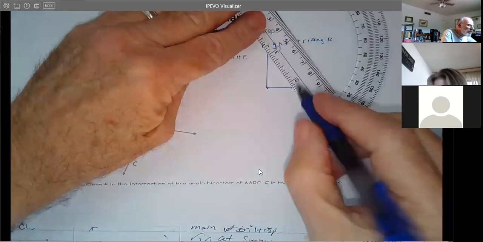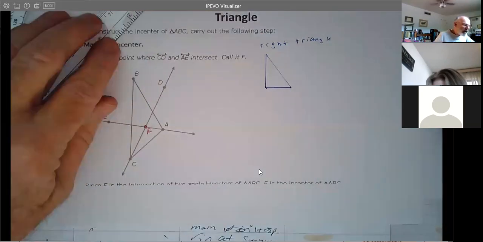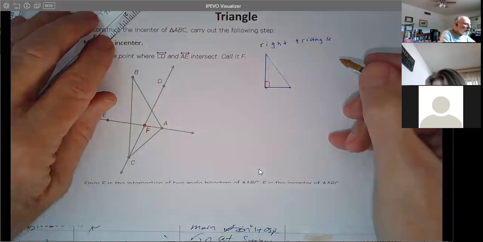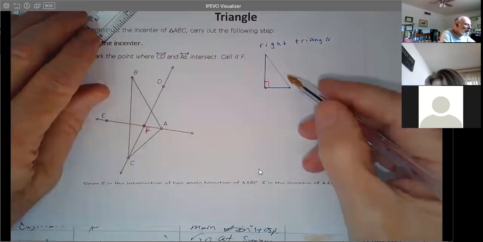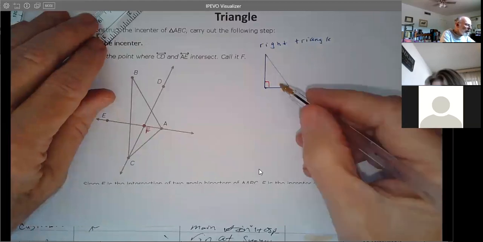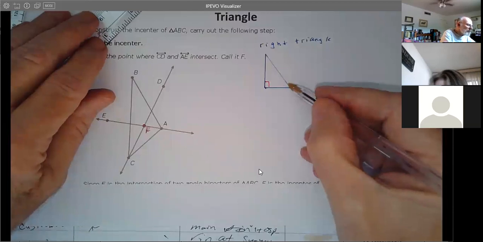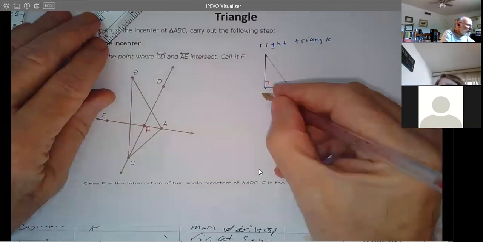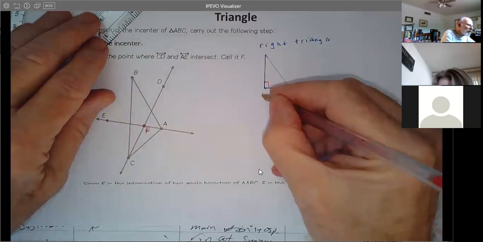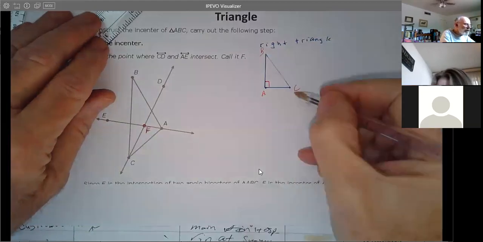So the way I did this, I know I've got a right angle right here. So there's my right triangle. And so again, I want something that bisects the angles. Let's call this A, B, and C. So triangle ABC or BAC.